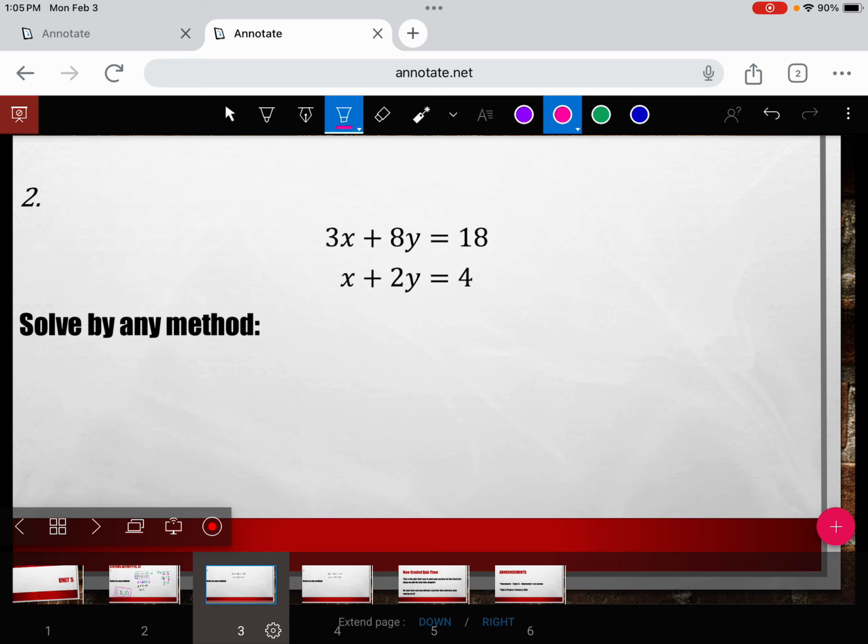Either way, it doesn't matter. But now I have an x equals, so I look at the other equation, x plus 8y equals 14. I now know my x equals this thing, and instead of the letter x, I'm going to put it in.